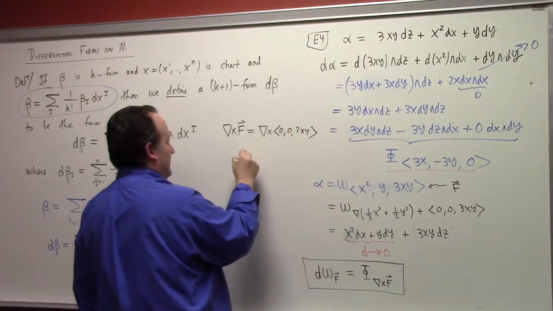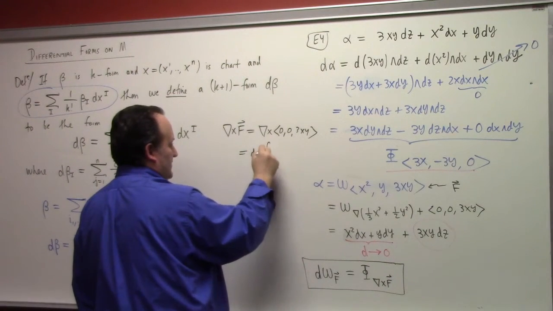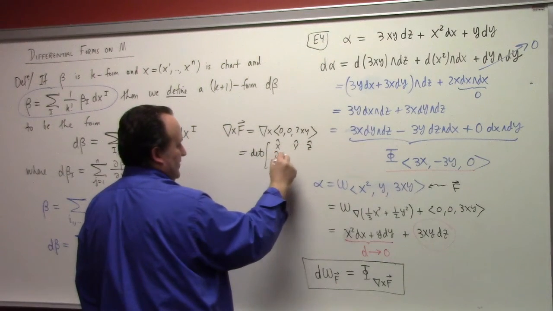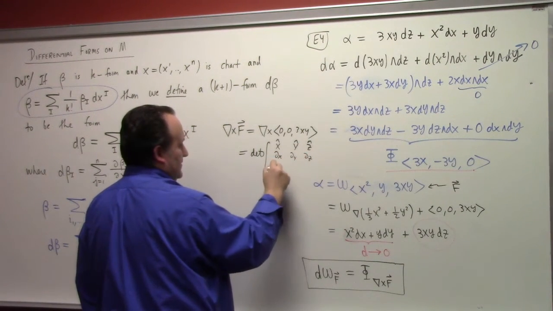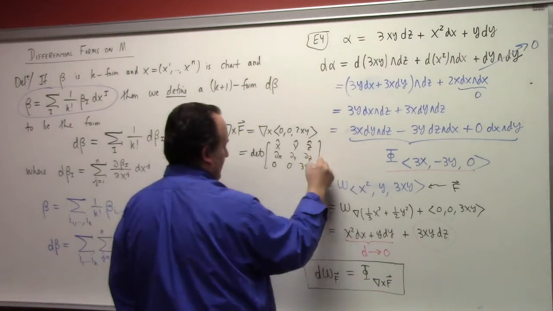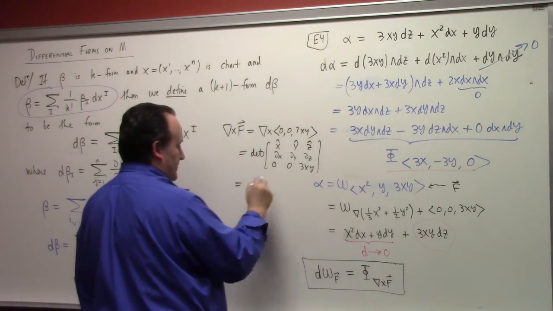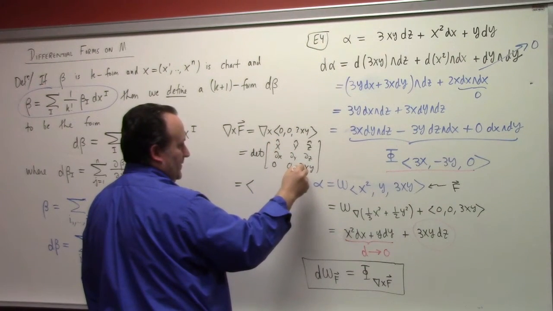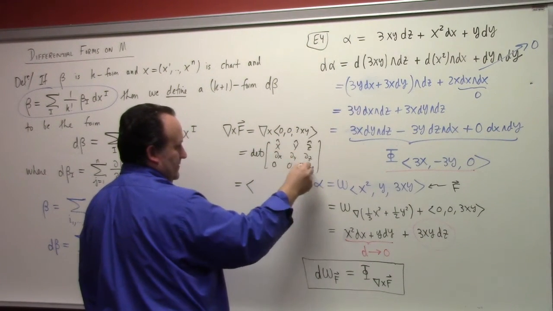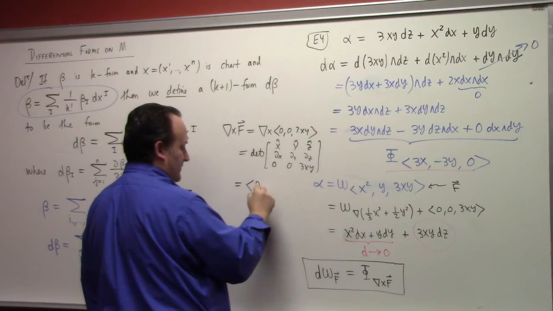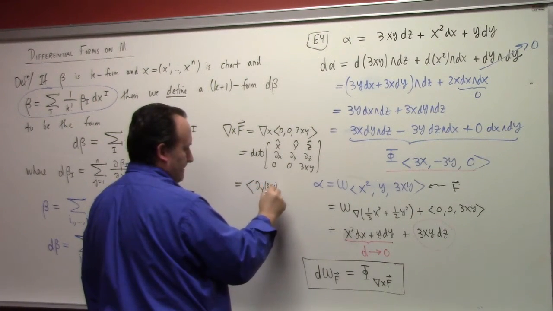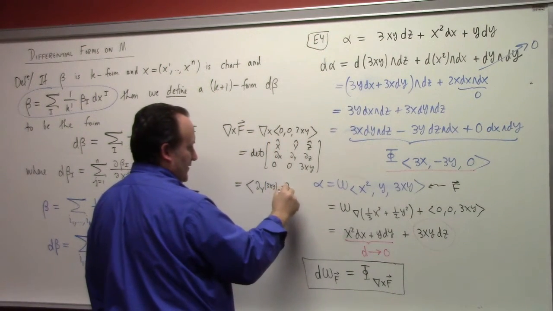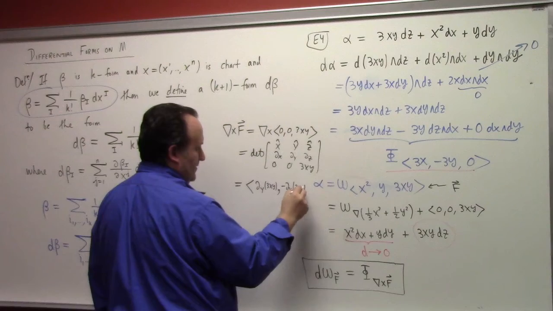which I'll remind you is, if you want this notation, this mnemonic, x hat, y hat, z hat, partial x, partial y, partial z, 0, 0, 3xy. That's my curl formula. So what do you get? Well, for the x hat, I get partial y of 3xy. And then for y hat, I get minus partial x of 3xy, right?